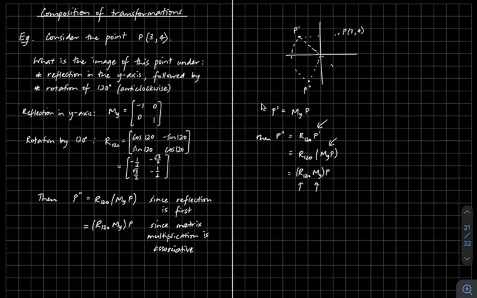Let's try and write that properly. Associative. Which means we can't flip the order, but we can group them in a different way.